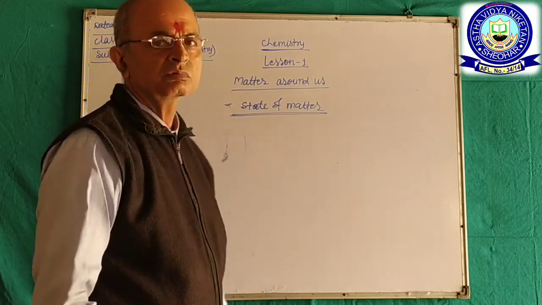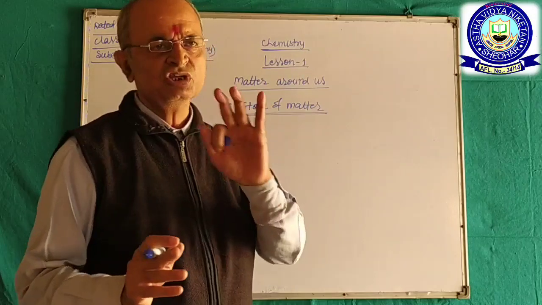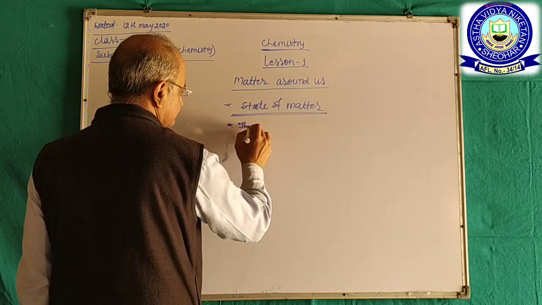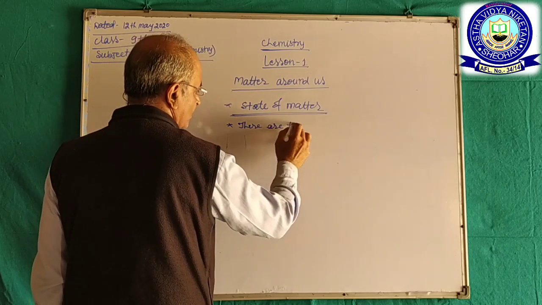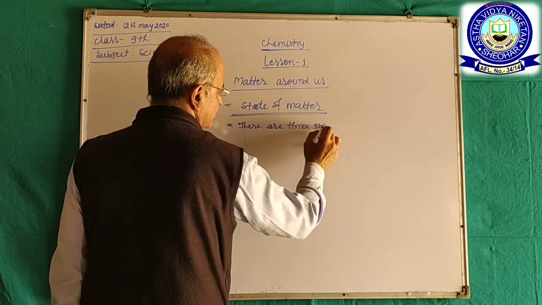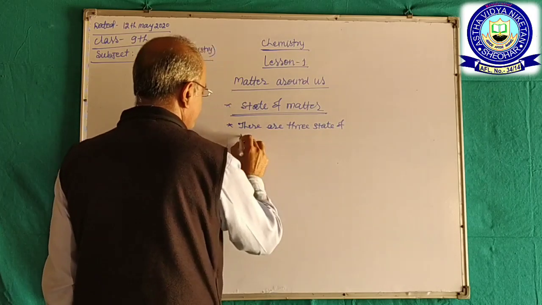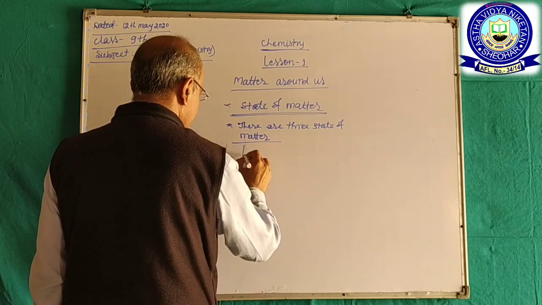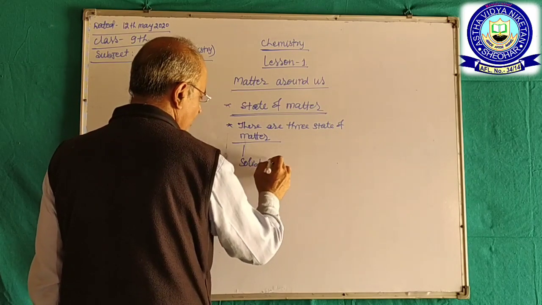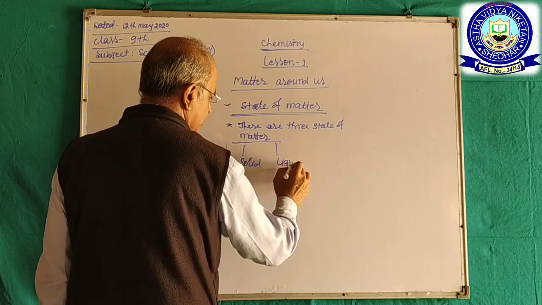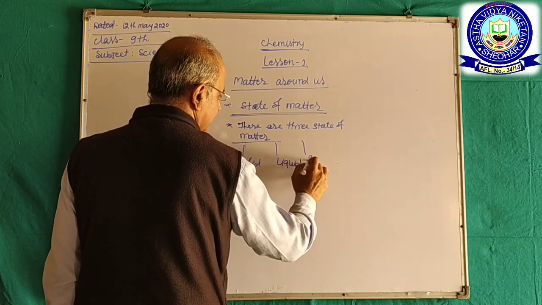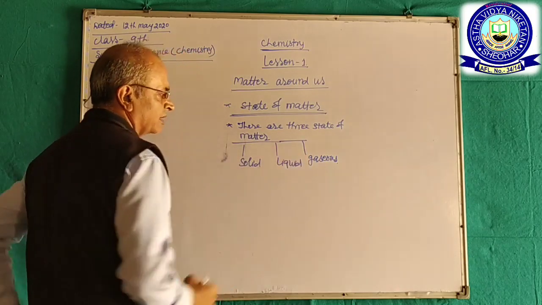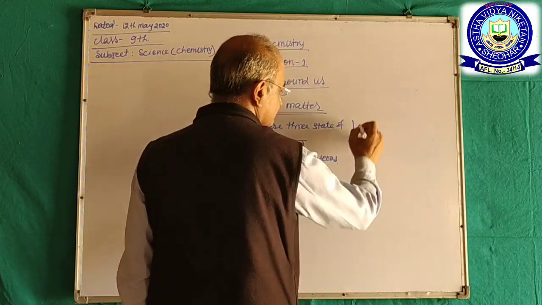Till right now, you have learned that there are three states of matter: solid, liquid and gaseous. Three states of matter.